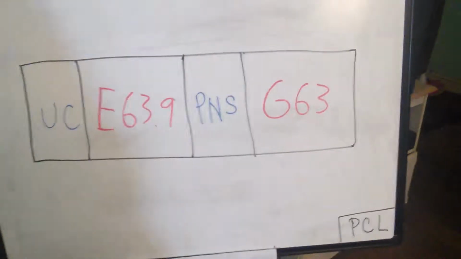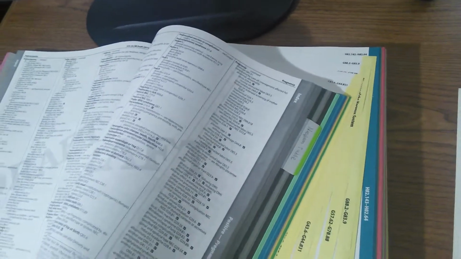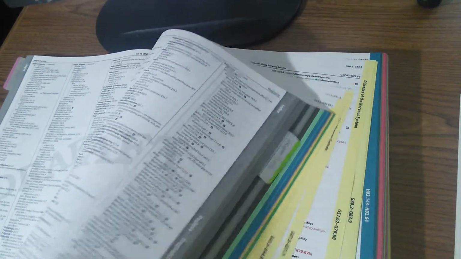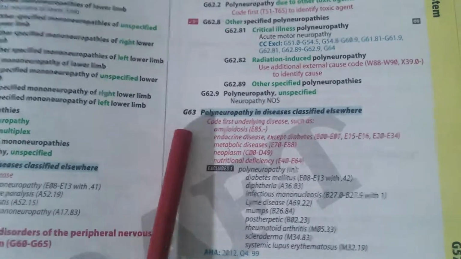So we're going to check the G63 first. It's easy to check because it consists of only 3 characters. So all we have to do is go to G63.